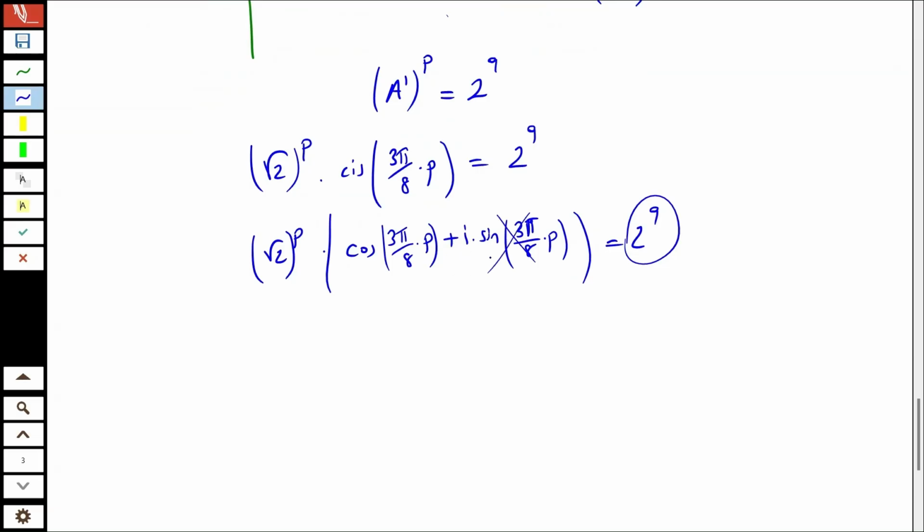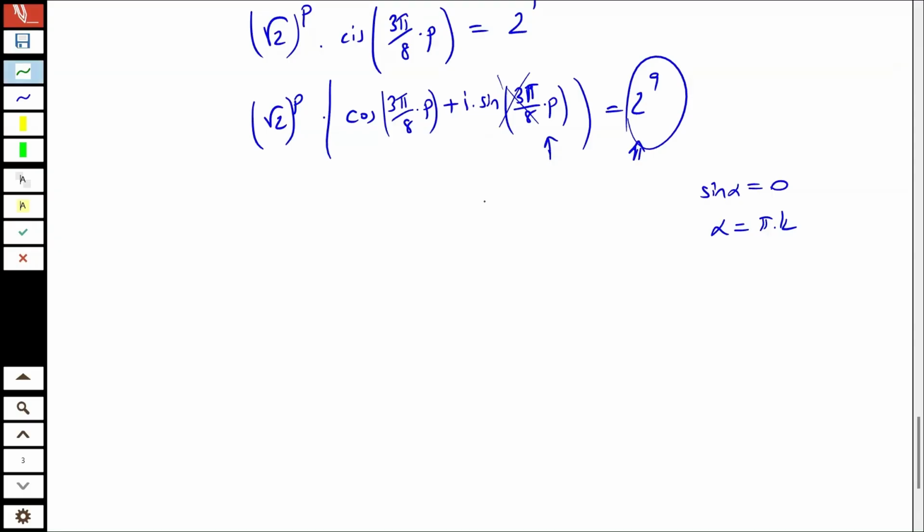So when sine is gonna be 0, we know that sine alpha equals 0, where alpha is, for example, pi times k, a multiple of pi. From here, to cancel the 8 at the denominator, maybe we can choose to plug in 8 for P. But when you choose 8 for P, in here it's going to be cosine 3 times pi, which is -1.